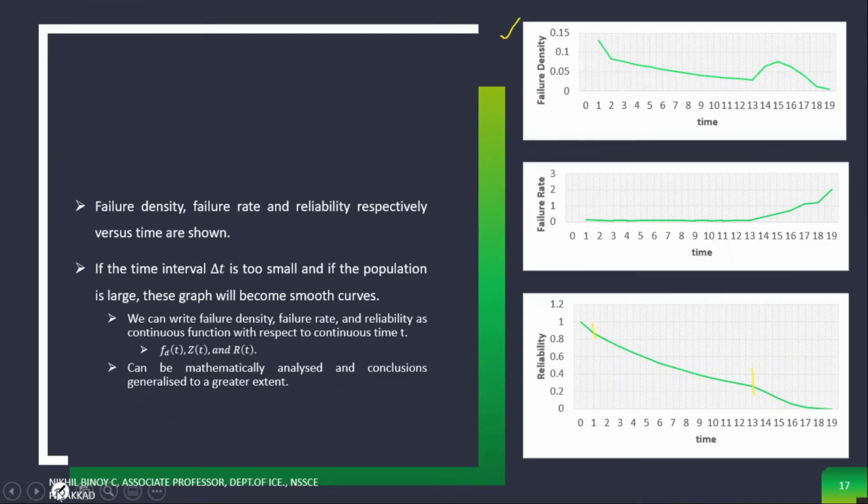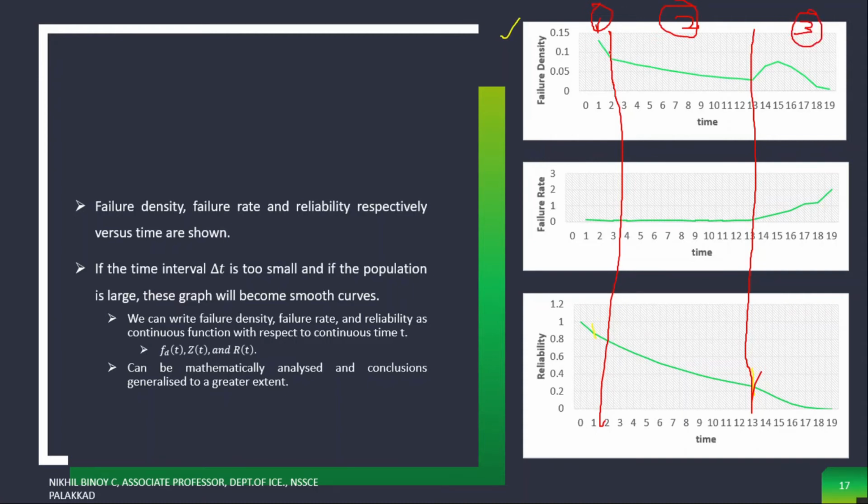So here you can see three clear zones: this is the first zone, this is the second zone, this is the third zone.